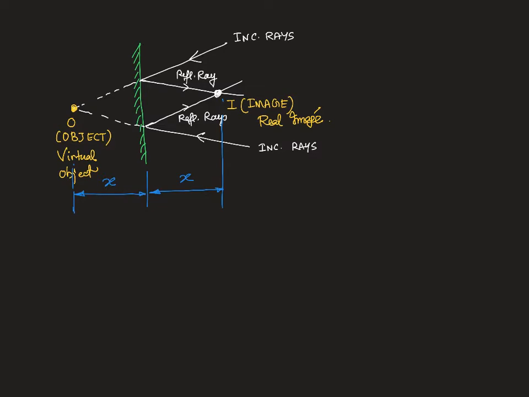So the same thing holds for, say, an extended object also. If this is an extended object, then how will its image be? This is the extended object, this is the image.